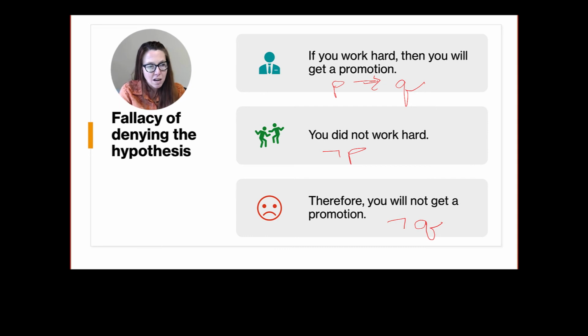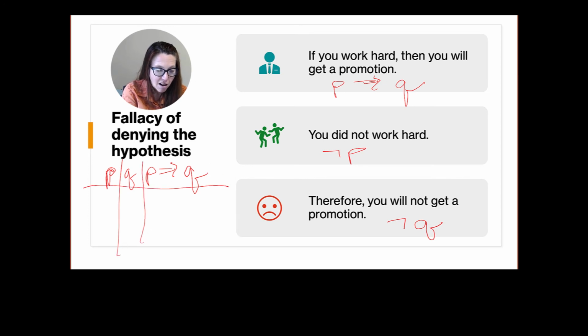But we know that's not the case, because when we think about P, Q, P implies Q, we can list off the 4 truth values, can't we? True, true, false, false, true, false, false.